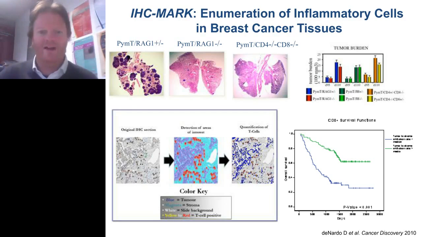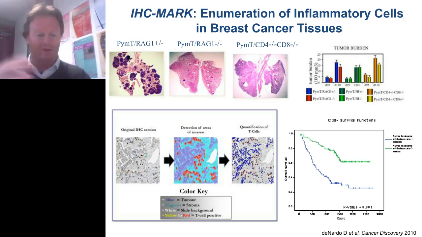But when he crossed these mice with mice that either had a RAG1 knockout, so they were deficient in VDJ recombination and therefore couldn't make any new antibodies, or crossed them with mice that were deficient in CD4 or CD8 cells, he saw absolutely no metastasis from the primary tumors to the lungs whatsoever. The interesting thing is the primary tumor burden doesn't change in these crosses.